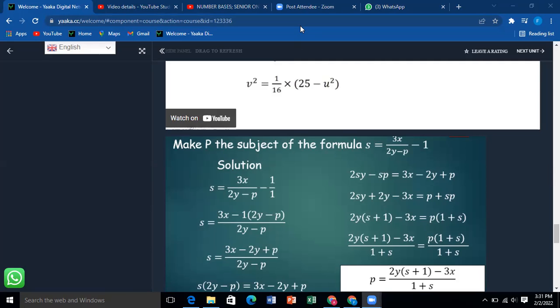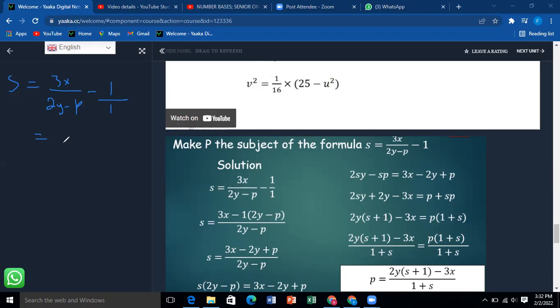So what we do is to write that expression. So S is equal to 3x divided by 2y minus P, minus 1. So we shall have 1 over 1.